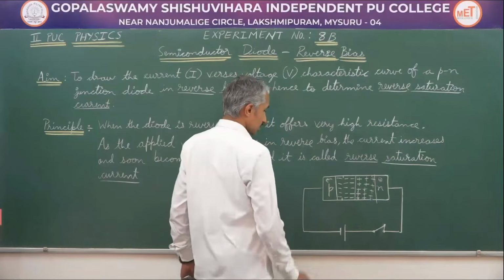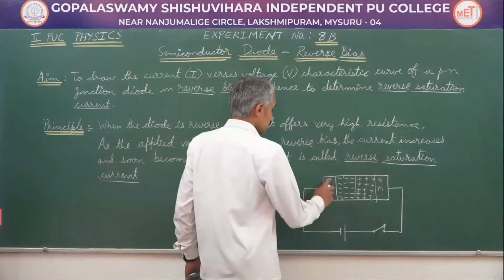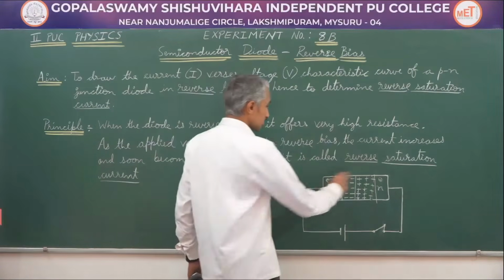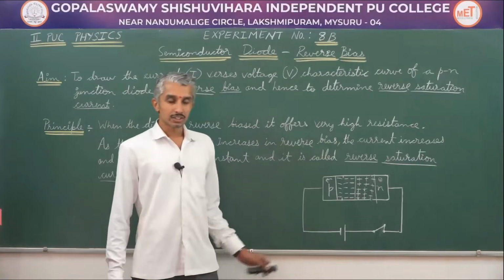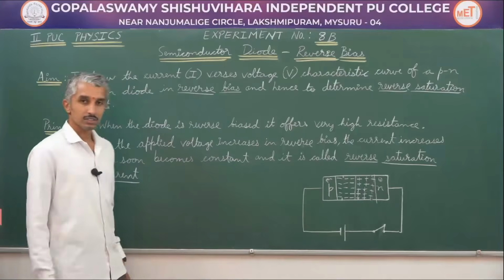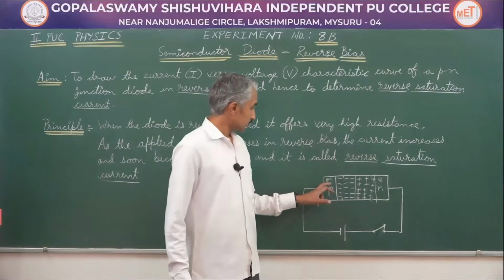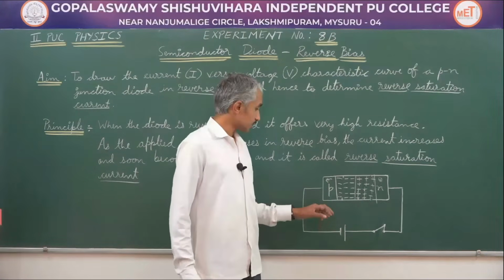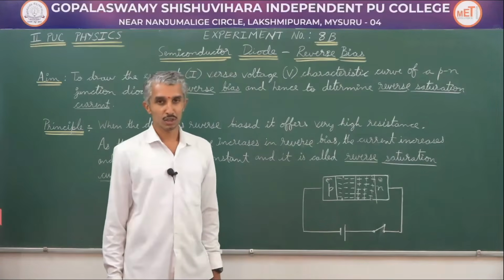Even on small application of voltage, this minority charge carriers cross the junction, and this is a very small current. That is what is called as reverse saturation current. Further, this current due to minority charge carriers is independent of the voltage applied.